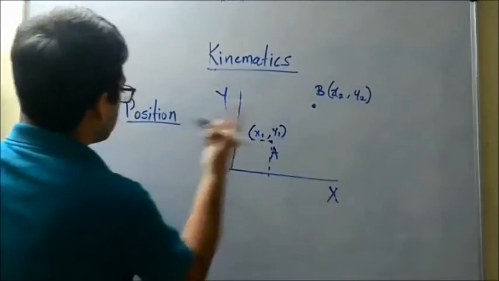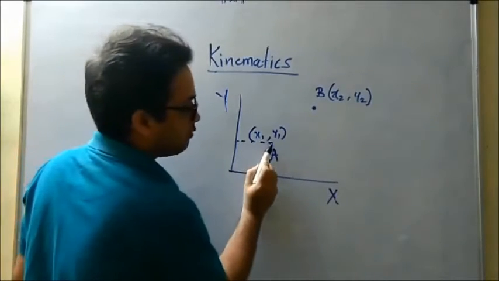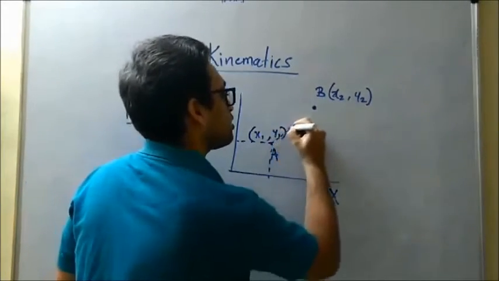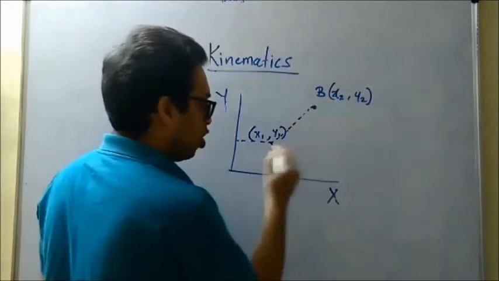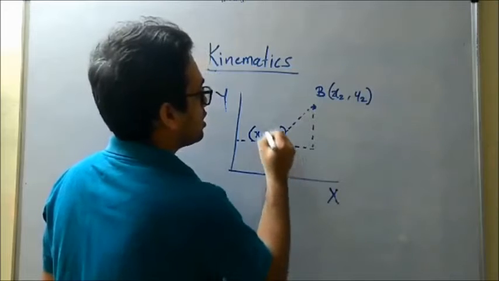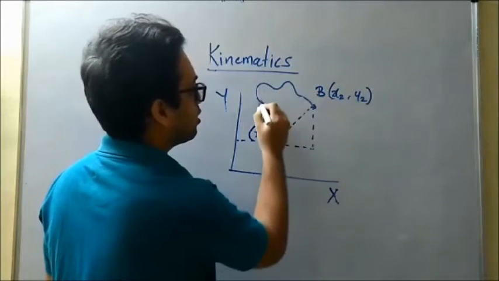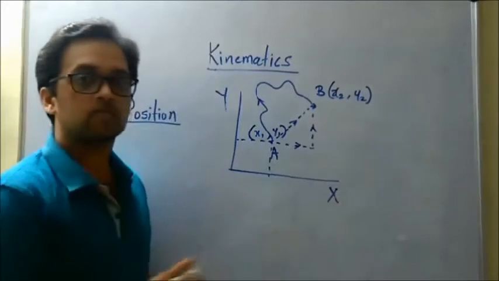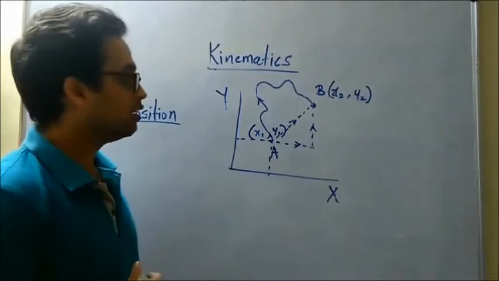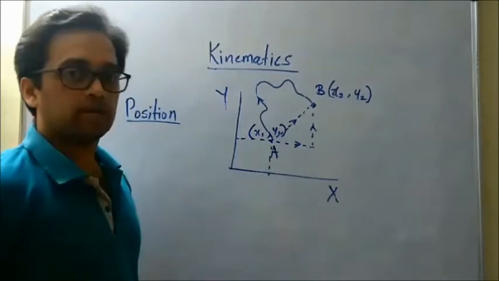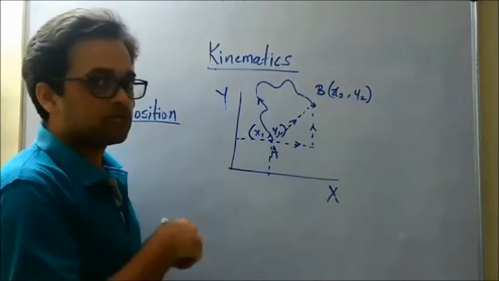Now the next thing that comes to your mind is, if it is moving from A to B, is it this path, or is it this, or is it this? Out of these three, which path would the object take? And there is no preferable path, as you can see. Any path is okay. Whichever path is available to the object, it will take.